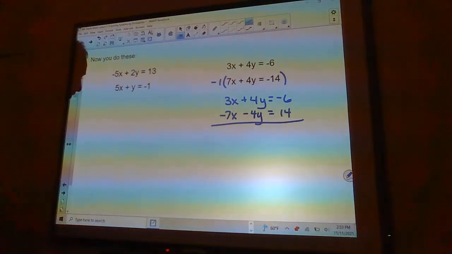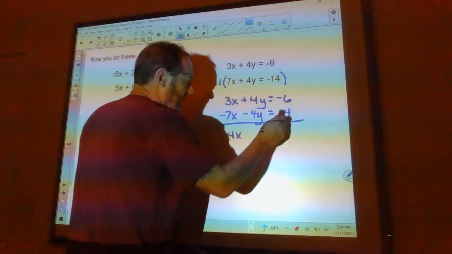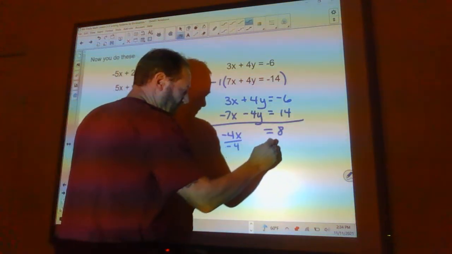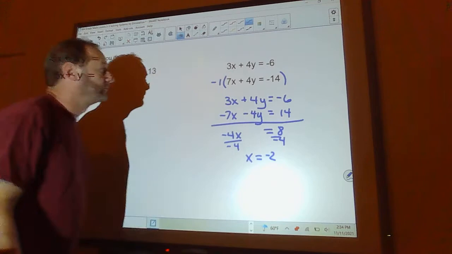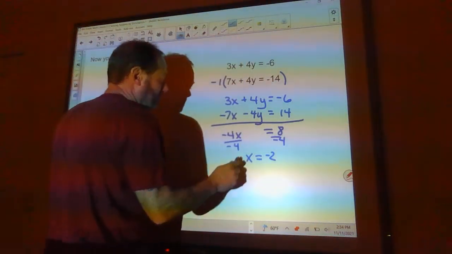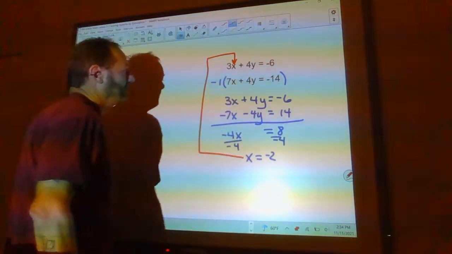Now I can add those up. So this is going to be negative 4x, and this is going to be 8. And I divide by negative 4, and I get x equals -2. Okay, so I take the -2, that's the x, I'm going to go ahead and put it into here.